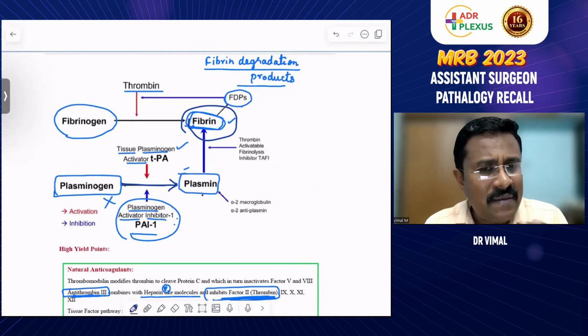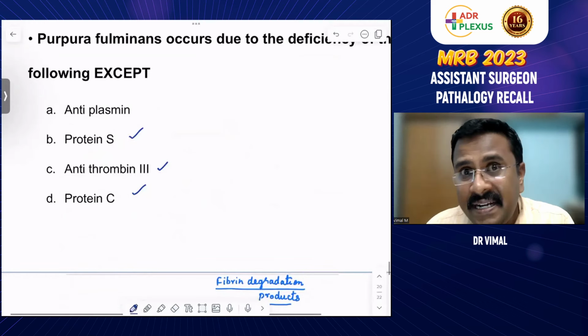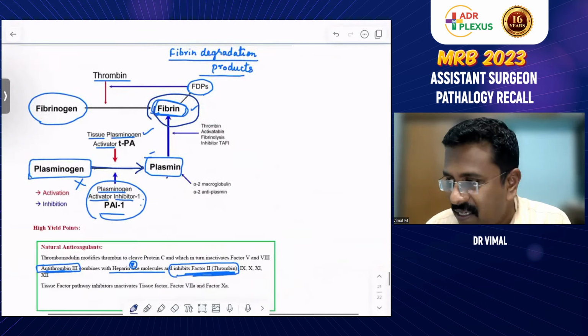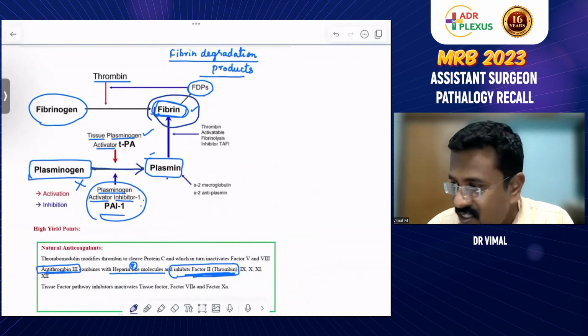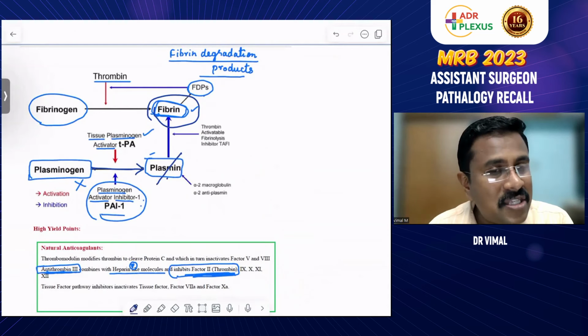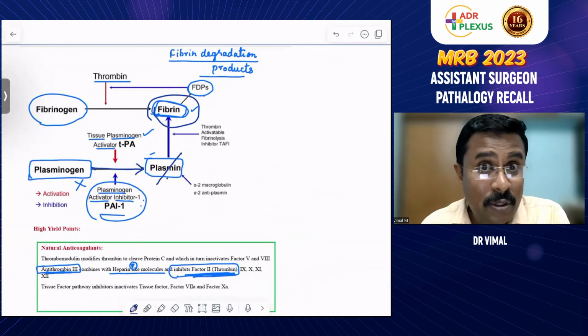Antiplasmin is against plasmin, obstructing it, so fibrinolysis is not happening, fibrin is not being lysed, and that is a state of hypercoagulability.